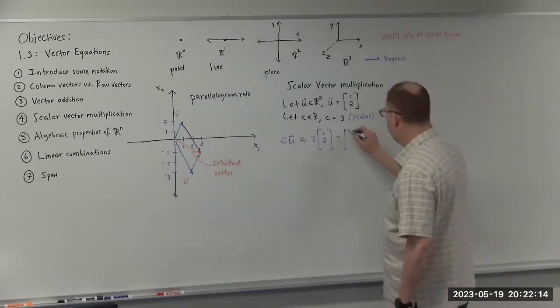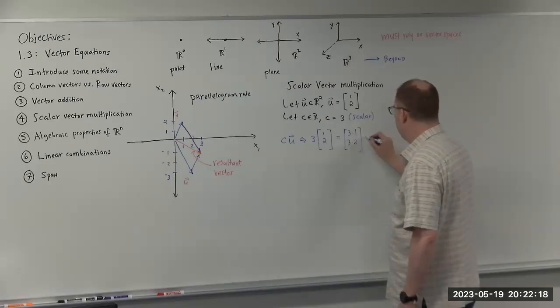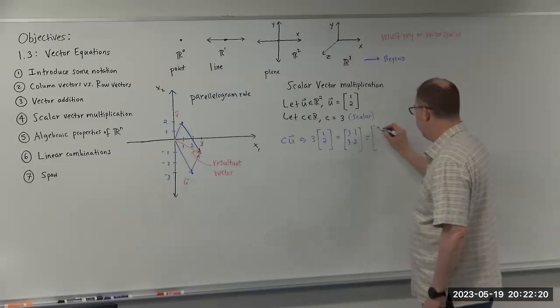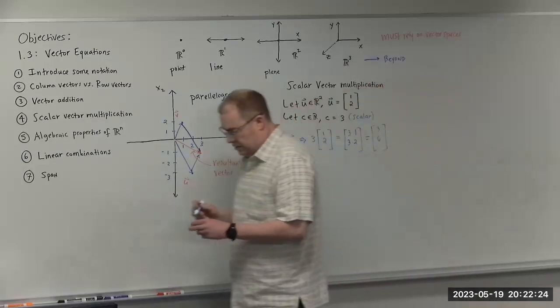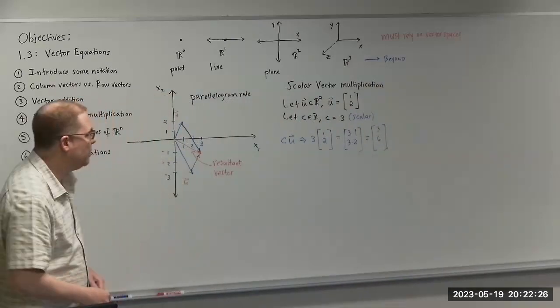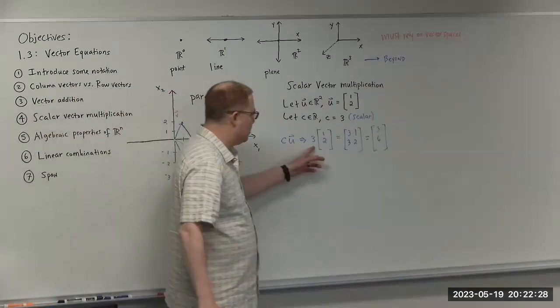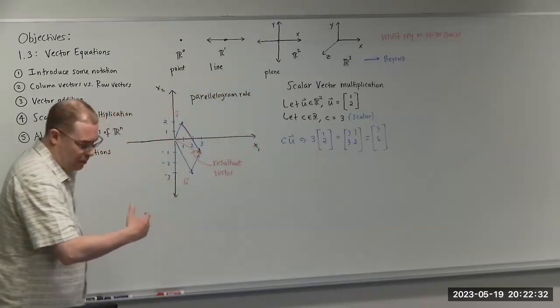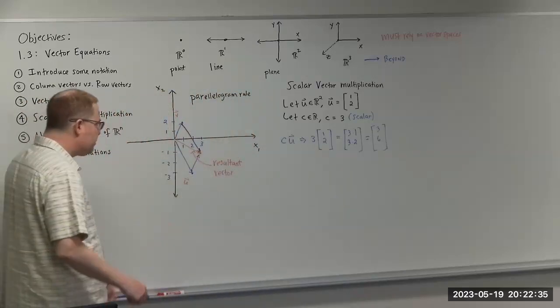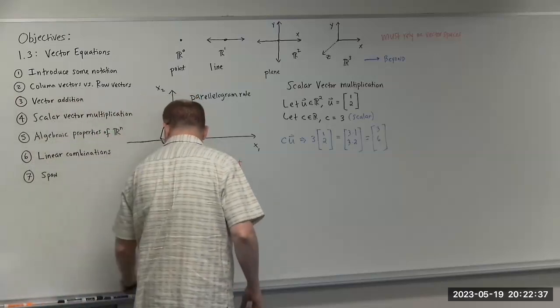So you're going to get 3 times 1, and then 3 times 2, and that's going to give us 3 and 6. As you can see, geometrically, all this is doing is scaling this vector by 3 times.